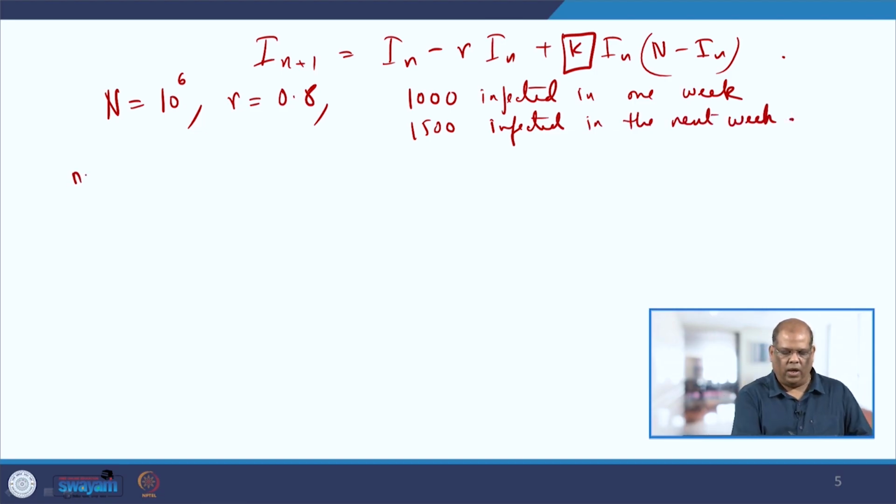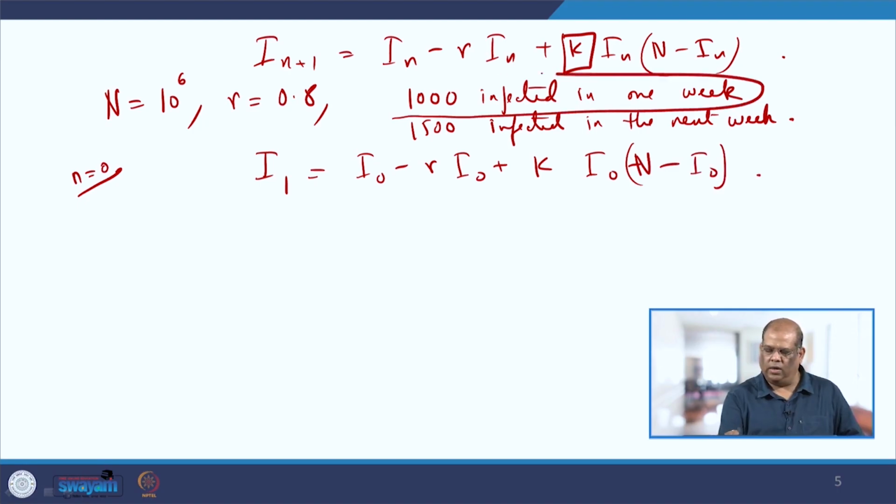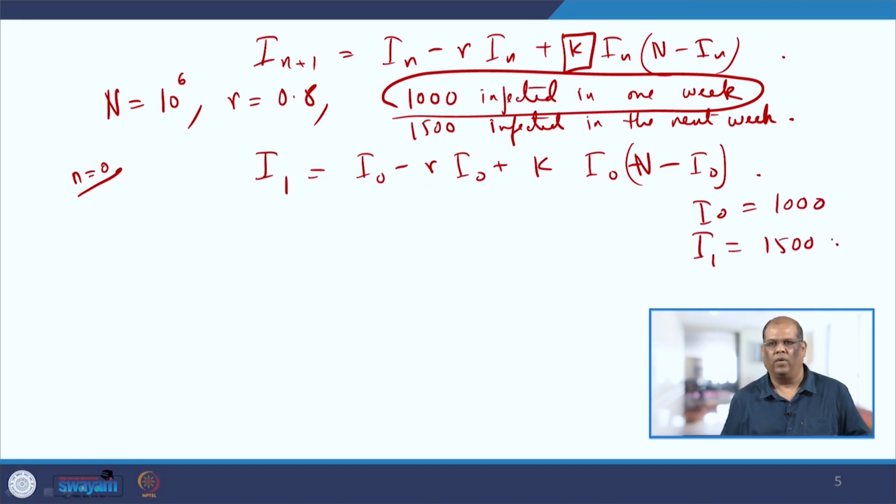So, if I put n equal to 0, I get I1 equal to I0 minus R times I0 plus K times I0 multiplied by n minus I0. If we consider that 1000 infected in 1 week, say week 0, so your I0 is equal to 1000, and in the next week I1 is equal to 1500.